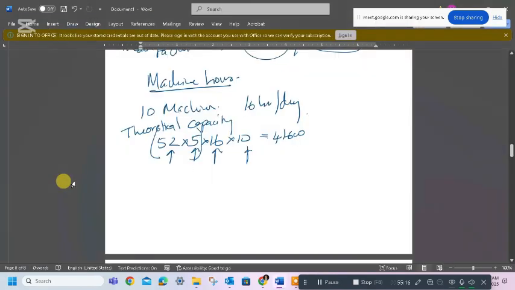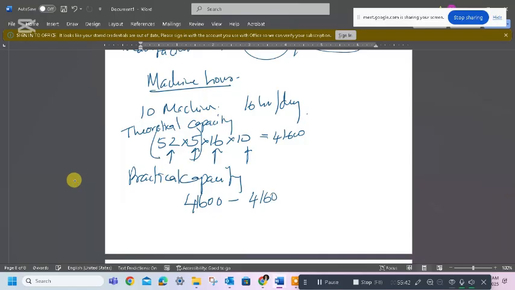See this. Practical capacity means we might say out of these 41,600 hours, there might be some wastages and losses. Some machines might break down. There might be a couple of holidays announced by the government for various reasons. So 10% of this time we will keep as spoilage, I mean wastage of time. 10%, 4,160 hours I am keeping as wastage.